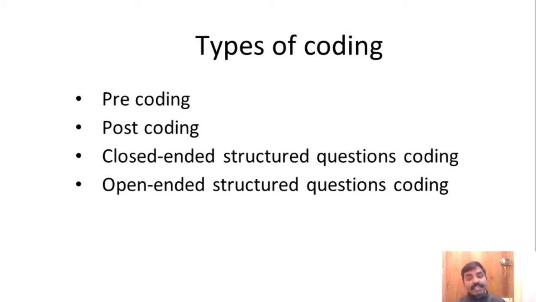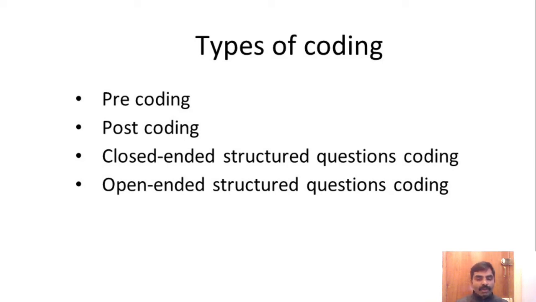Then closed-ended structured questions coding means the question has got options. Within the options, the respondents are going to respond. Say for example, gender. You have got only three options. One is male, the second one is female, the third one is others.